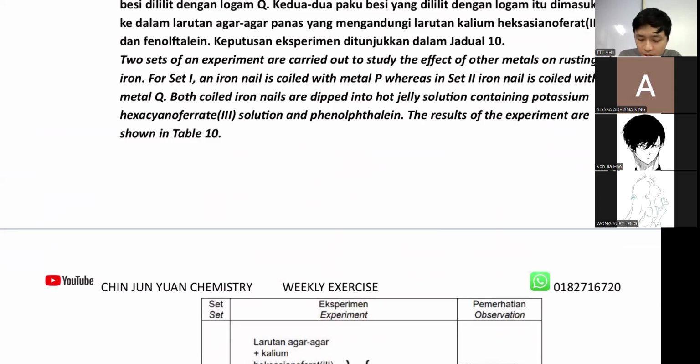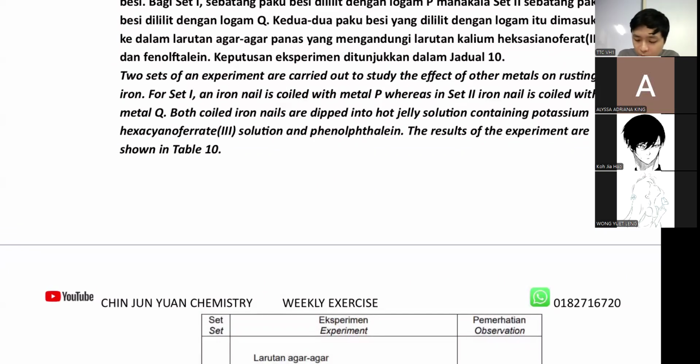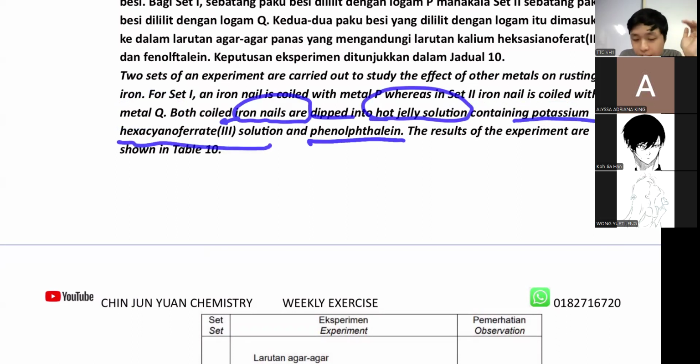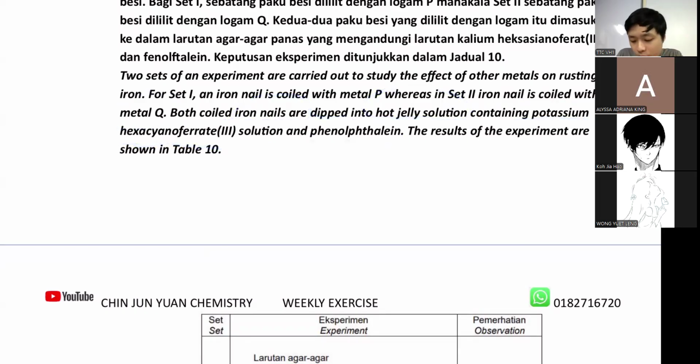And then set 2, the iron is coiled with metal Q. They also say iron dipped in hot jelly solution, also containing potassium hexacyanoferrate(III) and phenolphthalein. So the moment you see hot jelly solution, why do you have it? It's just so that you can see the color clearly later.